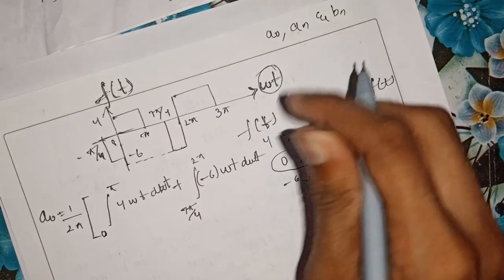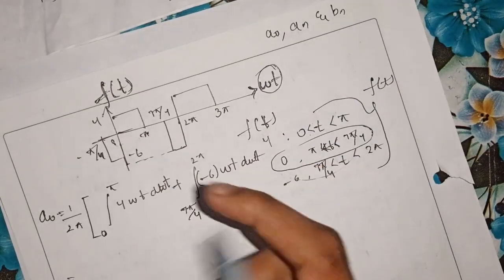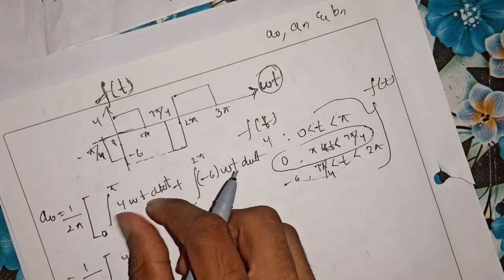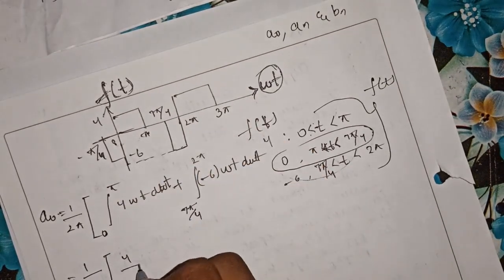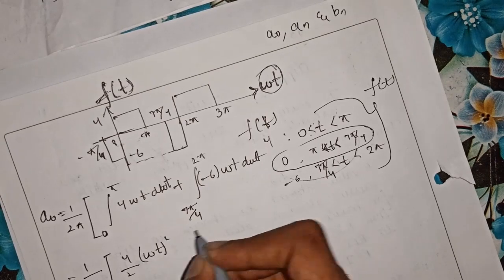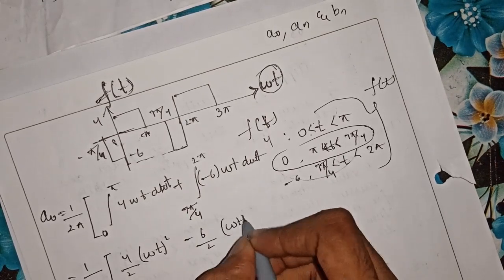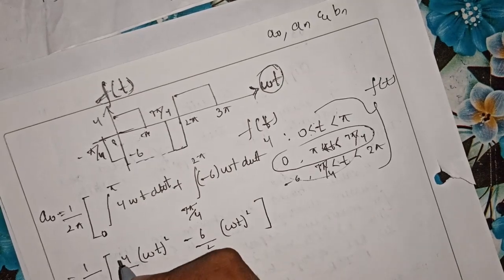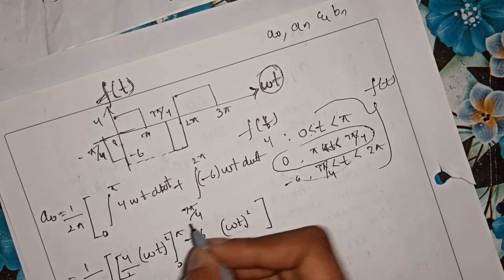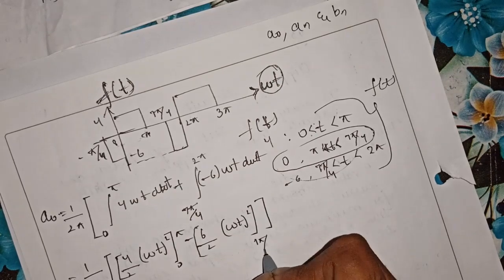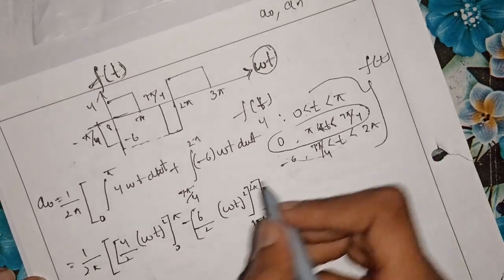Since the x-axis is given with respect to omega t, I have to differentiate with respect to omega t, which will be 4 into (omega t) squared, minus 6 divided by 2 times (omega t) squared. This is from the interval 0 to pi, and this is from the interval 7 pi by 4 to 2 pi.